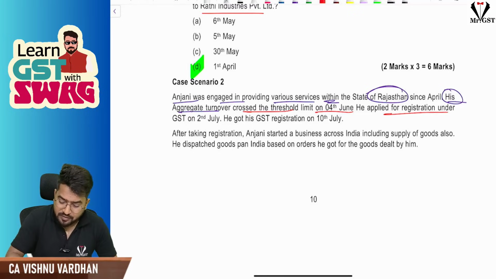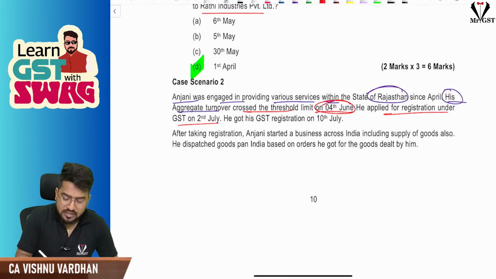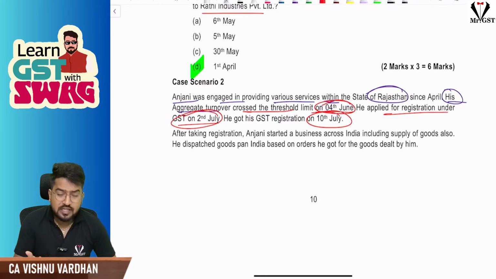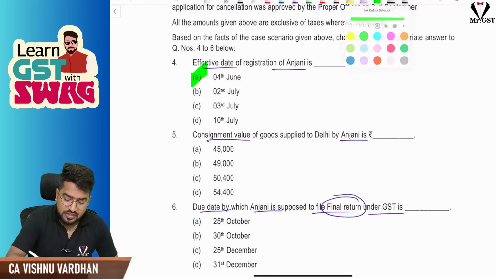Okay, he applied for registration under GST on 2nd July. 4th June he is becoming liable. 2nd July applied and got registration on 10th July. Obviously, because it is applied within 30 days, the effective date of registration is nothing but the date of becoming liable. So 4th June is the answer here.